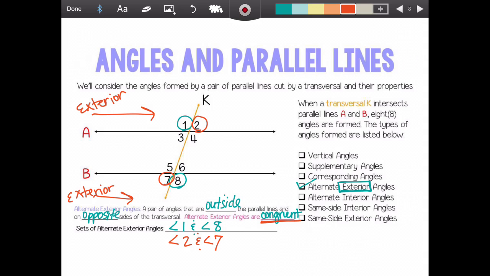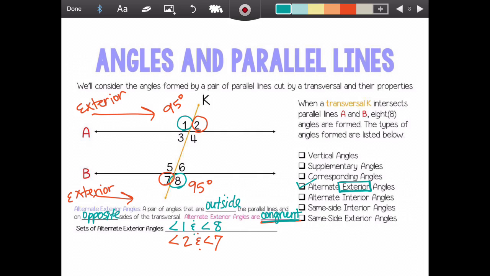So for example, if angle 1 looks like an obtuse angle, and I were to say angle 1 is 95 degrees, since these are alternate exterior angles and they're congruent, that means angle 8 would also be 95 degrees. So again, they're on the exterior or outside of the parallel lines, but on opposite sides of the transversal. And again, they are congruent, meaning they're equal measures.